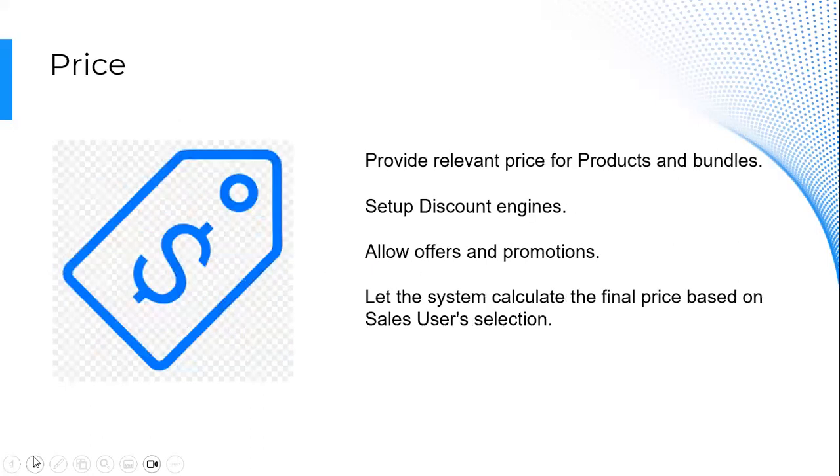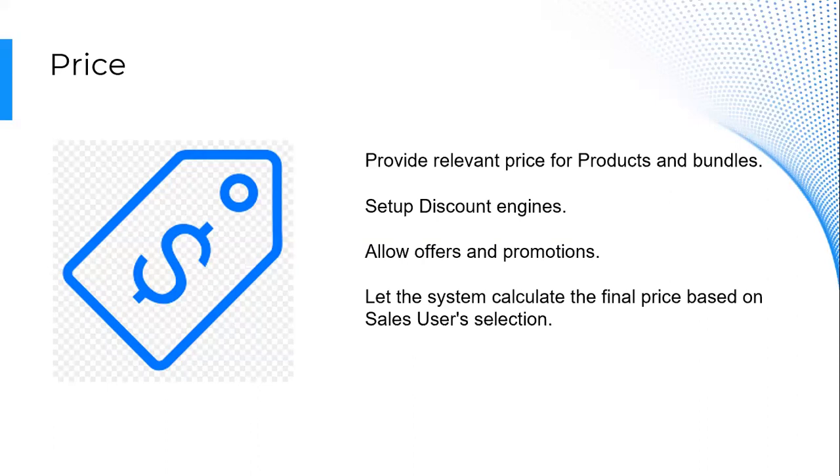Then the second vector, or the second important division of CPQ, is pricing. From this division, we would provide relevant prices for products and bundles. We can set up a discount engine. We will allow offers and promotions, and then let the system calculate the final price based on the various sales user selections.